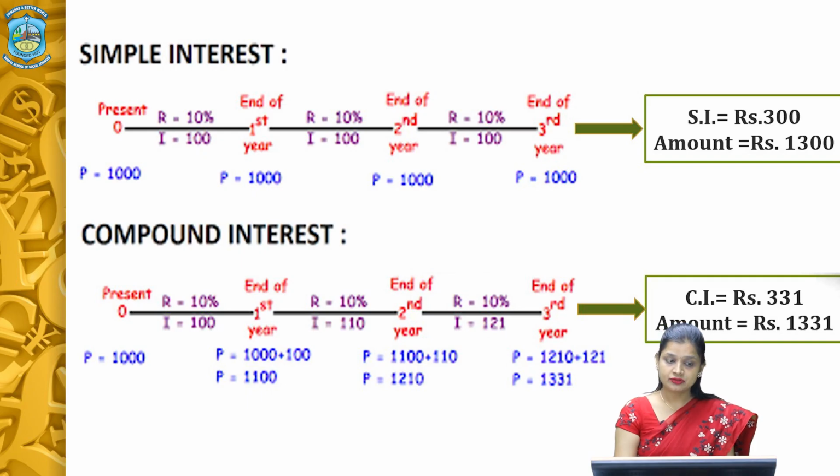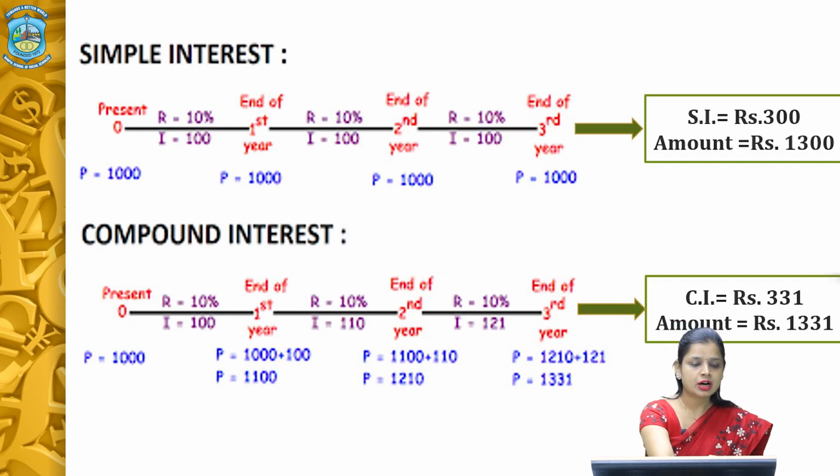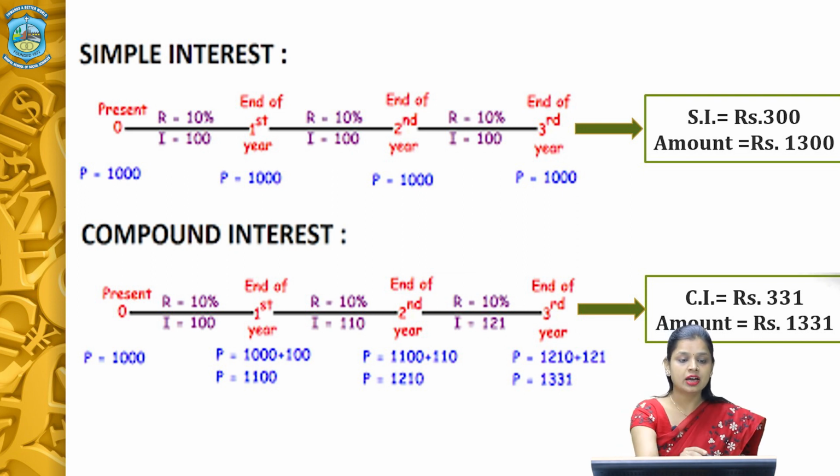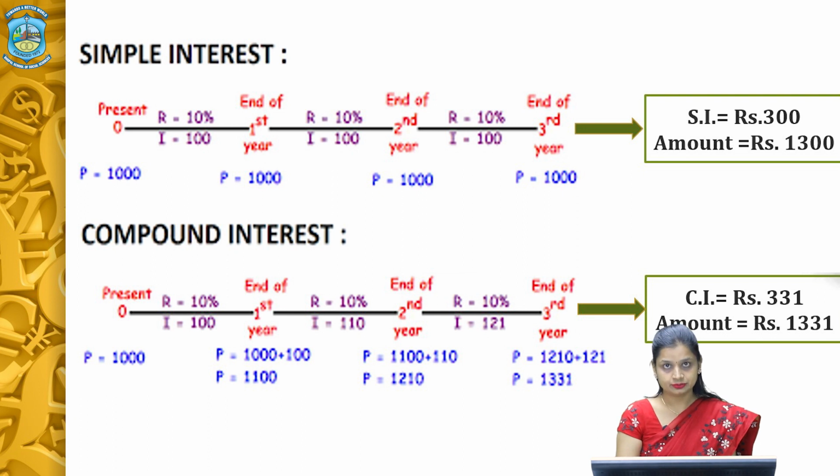In the case of simple interest, in the first year the principal amount will be rupees 1000, and at the end of the first year you have to pay simple interest at the rate of 10%. So, 10% of 1000 is 100 rupees. So, after the end of the first year you have to pay 100 rupees as interest.